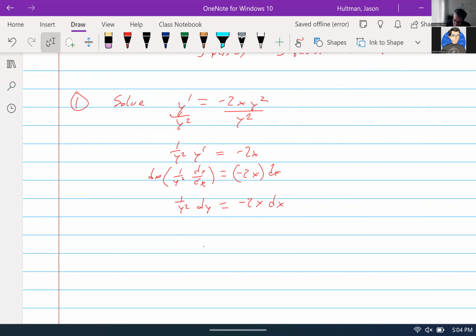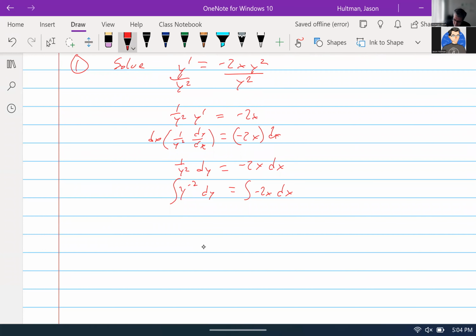Now what I want to do is integrate. I'm going to let this be y to the negative 2 dy. Let's integrate both sides. We're going to integrate with respect to y on the left side. So this is going to be y to the negative 1 over negative 1. And we could put a plus c there, except it's going to be combined with the other plus c.